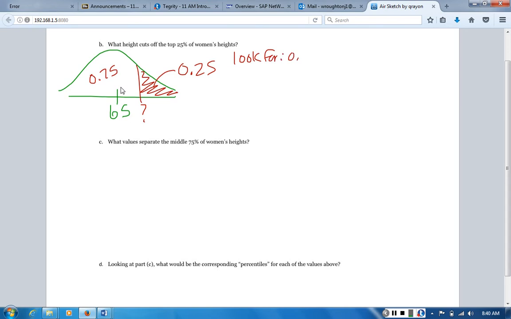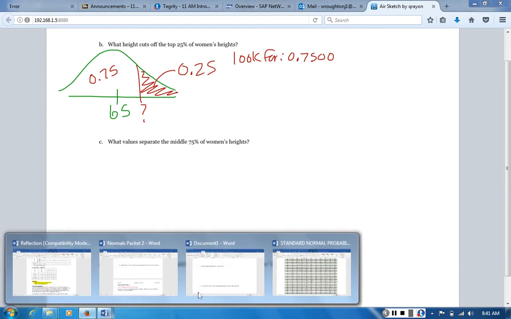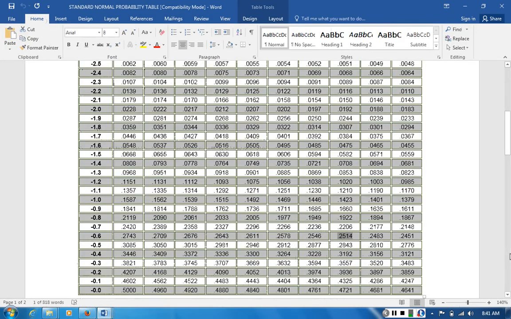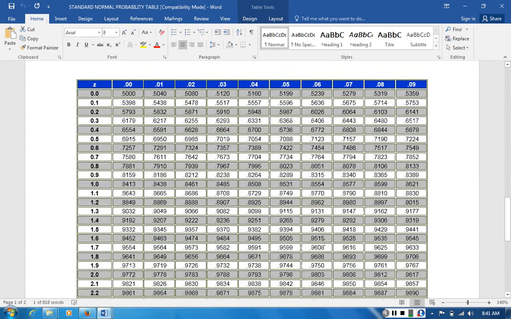And again, why? My table always reads left, so whenever I go there, I have to be looking left. And again, this time I know from my picture that my z is going to be positive because I'm above the mean as well. So I'm going to go to the positive side here.